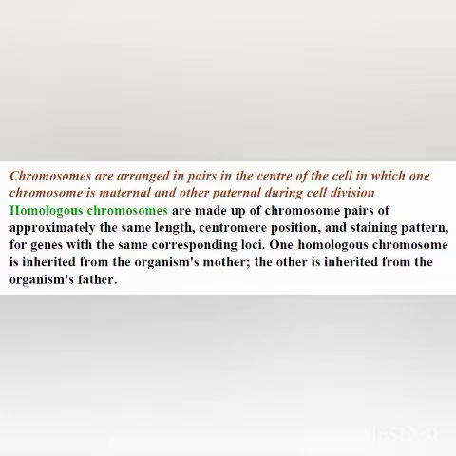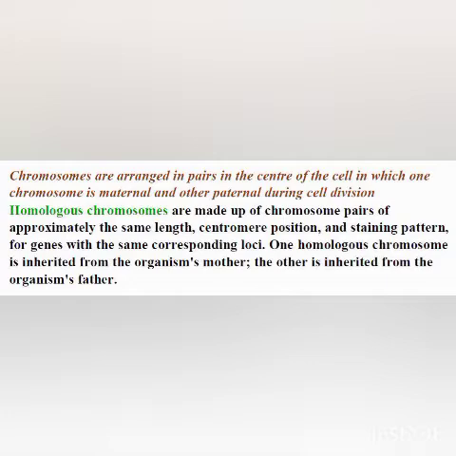Let us say the first gene in the maternal chromosome controls the eye color. Since it is a duplicated chromosome, both chromatids will have the gene for eye color at the same position. Let us say the eye color of the mother is blue, denoted by small b. So in both chromatids, at the same position, the gene b will be there, because they are exactly identical to each other. I hope it is clear to everyone.